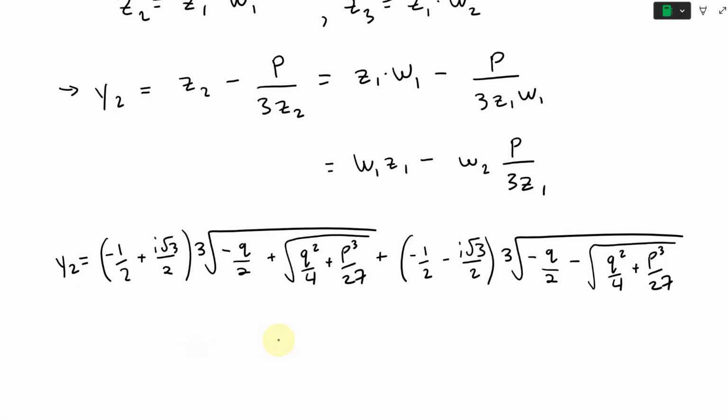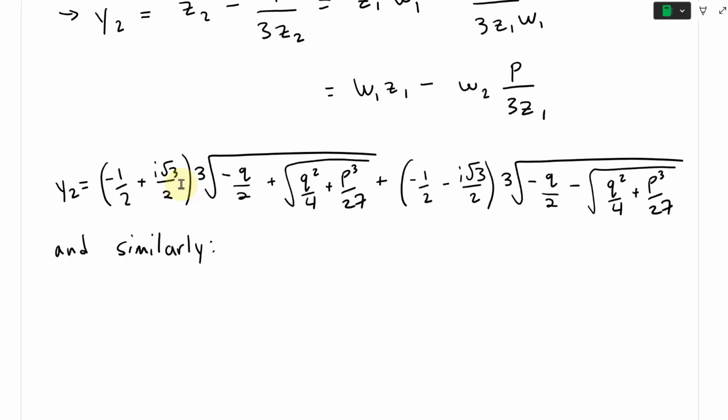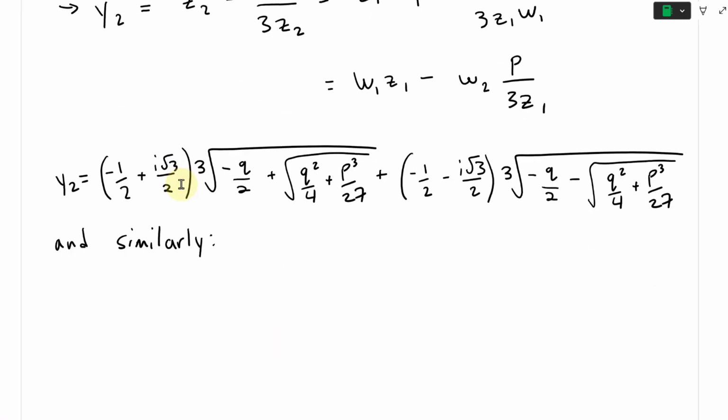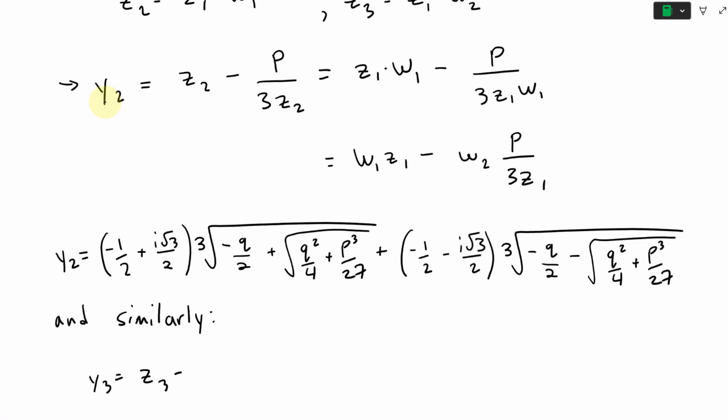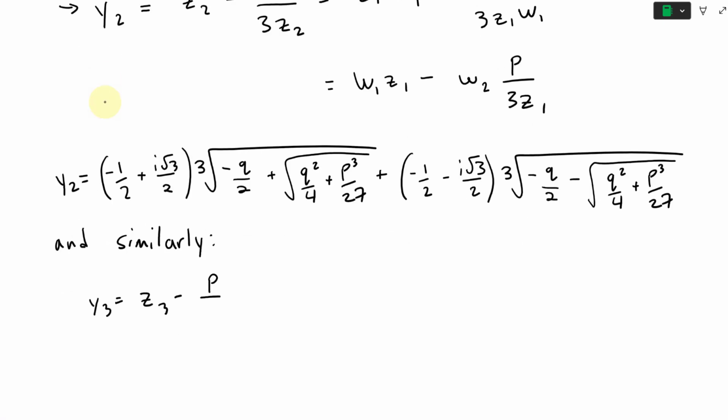And similarly, I'll do it for completeness. Similarly, we have y3. This equals z3 minus p over 3z3. This equals z1.